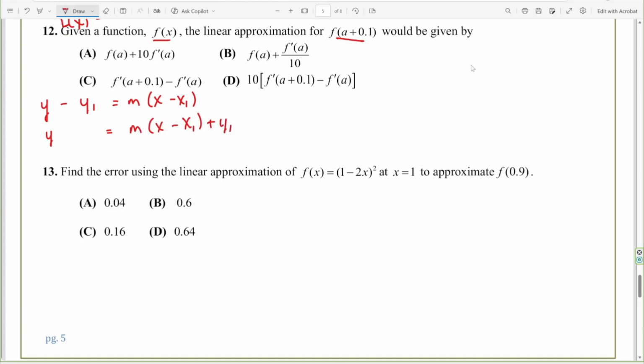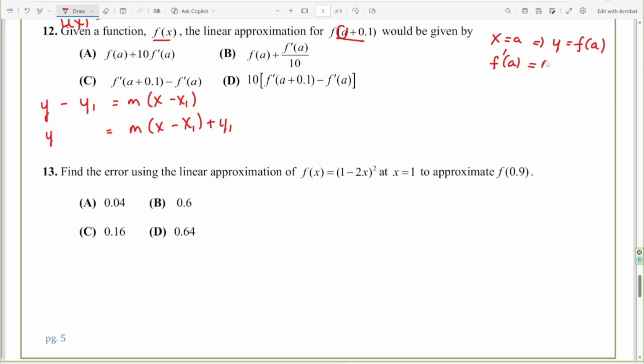Now, suppose x equals a right here, right? So in order to find y, doesn't that mean we need to calculate f of a, right? And in order to find the slope of the tangent line at x equals a, doesn't that mean we need to calculate f prime of a.